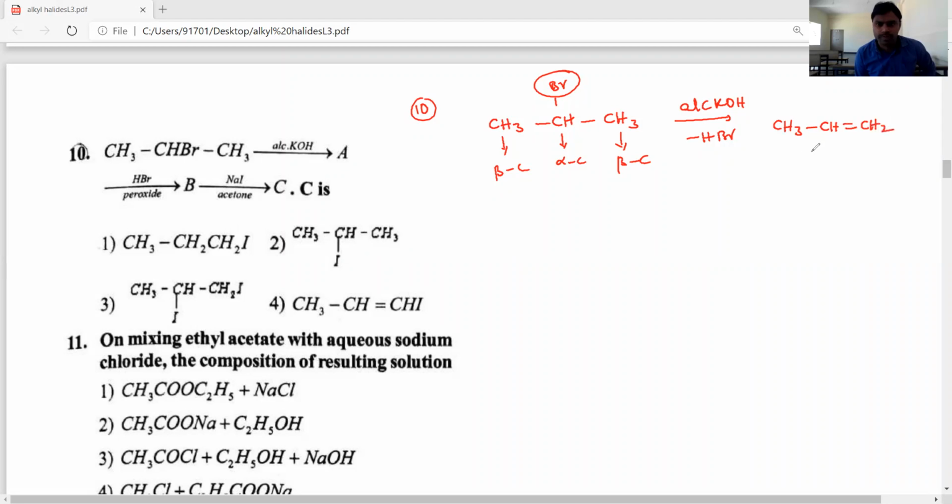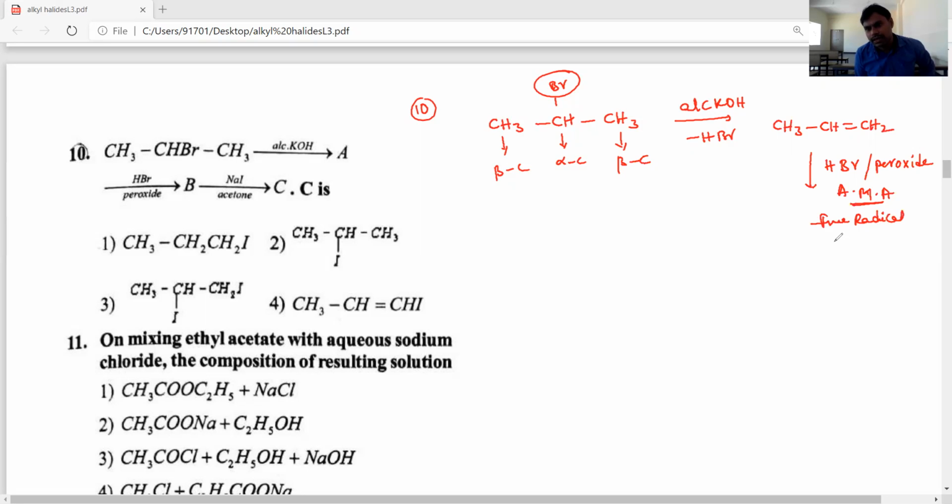Propene is the product. This propene is treated with HBr in the presence of peroxides or peracids. Peroxides mean it belongs to an anti-Markovnikov addition reaction, which is a free radical addition reaction.